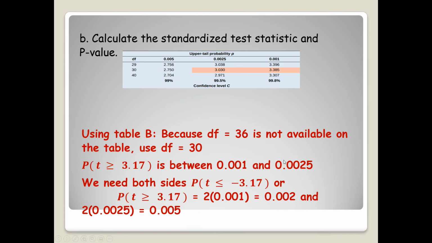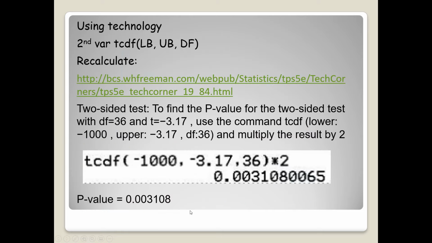And then, of course, if we go ahead, you can read this. We got one tail, which is 0.01. We times it by 2. We got the other tail, which is 0.0025, and I times it by 2. So that means my area, my probability, is between 0.002 and 0.005.